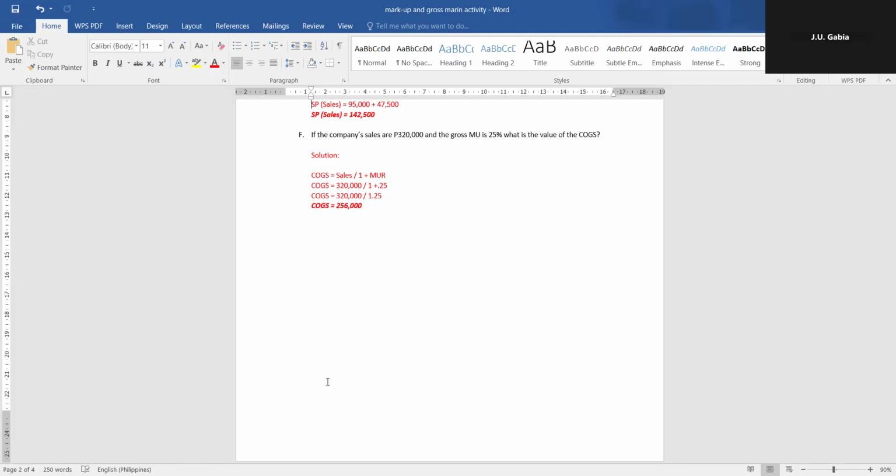Therefore, in order to get the 100%, we divide 320,000 by 1 plus the markup rate of 25%. So 320,000 divided by 1.25 will give you 256,000.